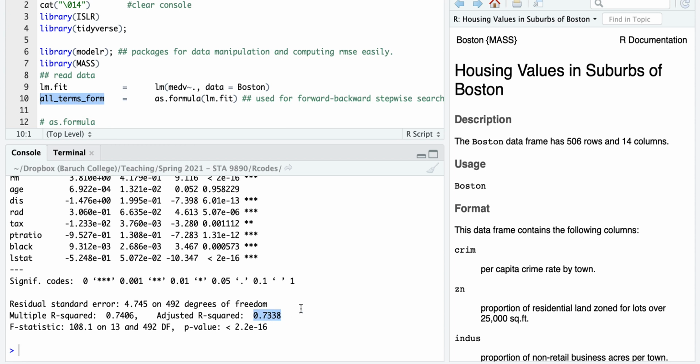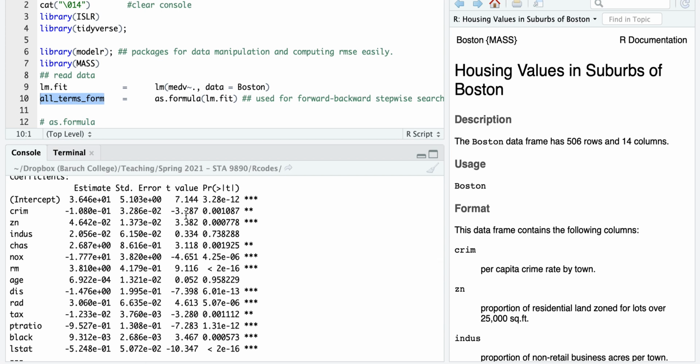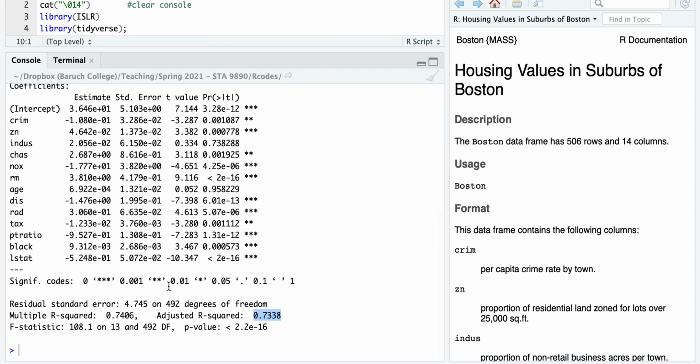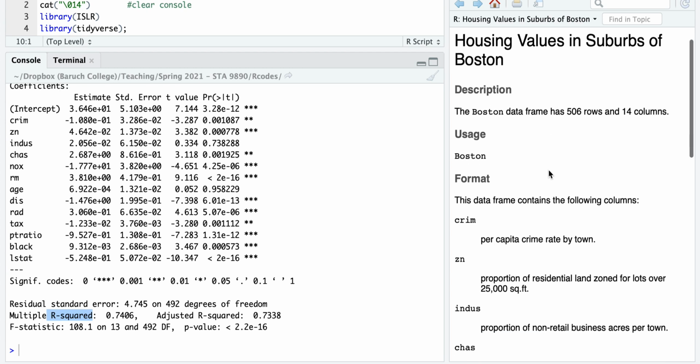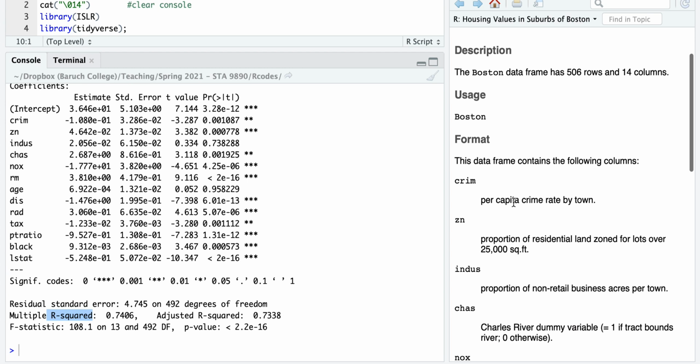Adjusted R square takes into account the number of predictors. So it's an R square that also depends on how many predictors we have. It gets smaller as the number of predictors gets larger in comparison to the R square. But anyway, let's look at these. For example, crime per capita: well, as crime per capita increases, the median value decreases. Proportion of residential land, I don't understand this relationship.